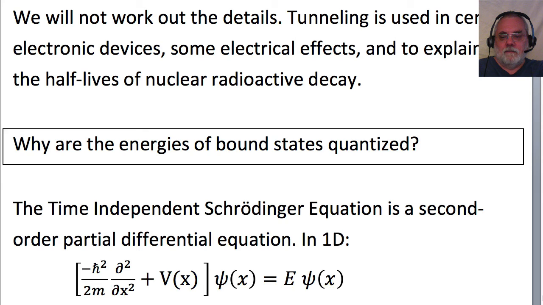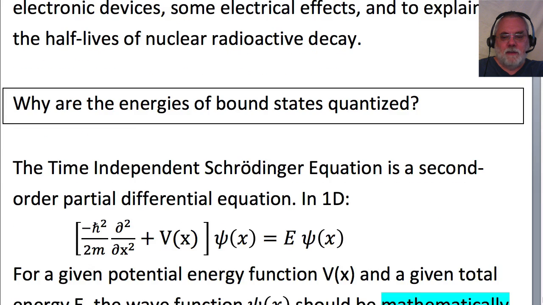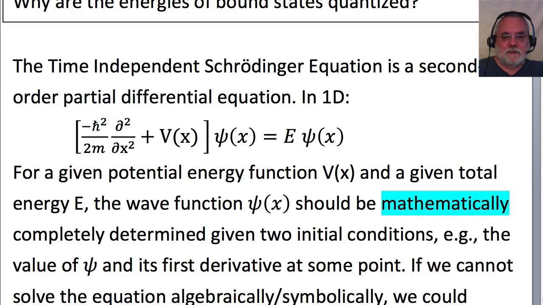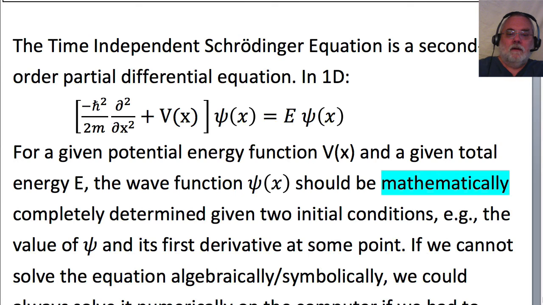Well, for a moment, let's look at this just mathematically, not as a physics equation. For a given potential energy function V and a given total energy E, any energy E at all, the wave function, lowercase psi, should be mathematically completely determined given two initial conditions.